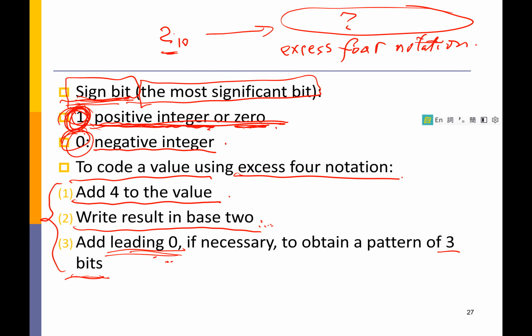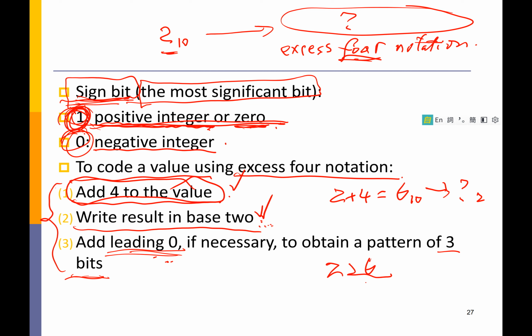First step, 2 plus 4, because it is called SS4. And then we got 6, which is base 10. The second step is to write this in the base 2 system. So 6, how do you get base 2?